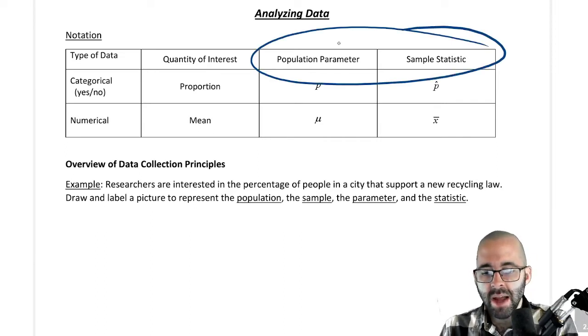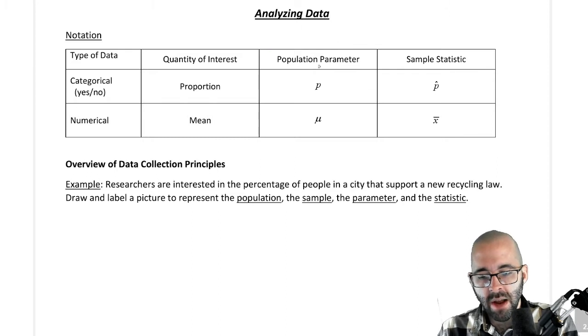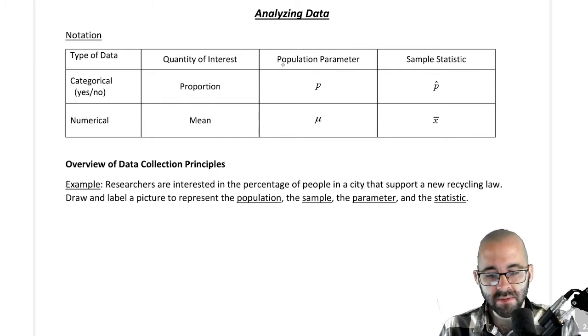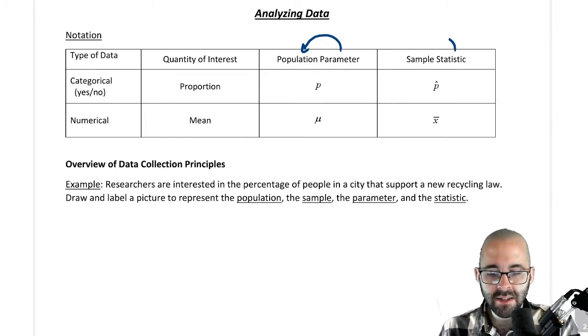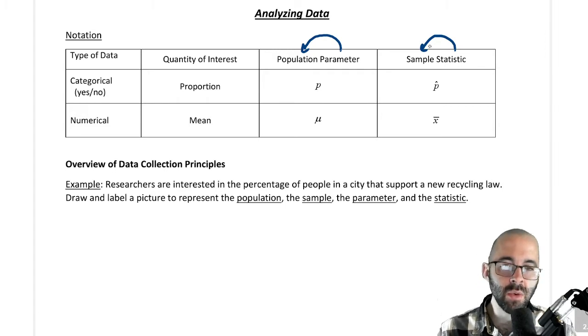Okay, so a parameter is what goes with the population. A parameter is attached to the population. So when we're talking about the population, we're going to use the word parameter when talking about our results. And statistics go along with samples.